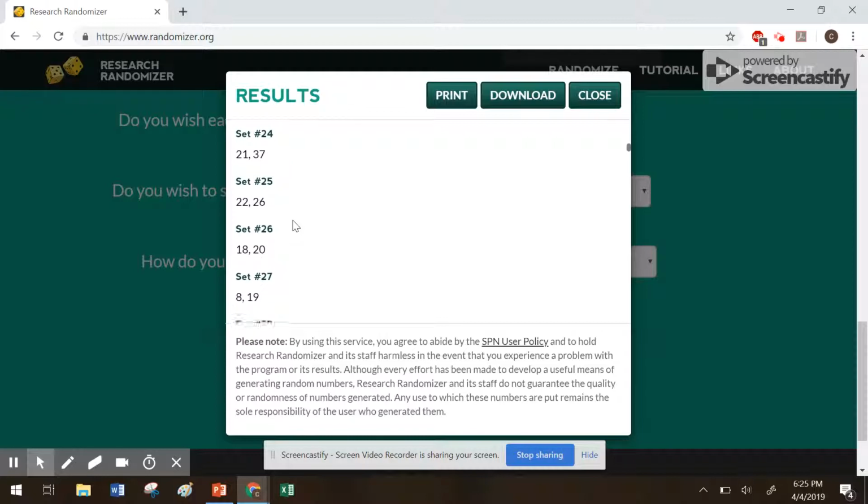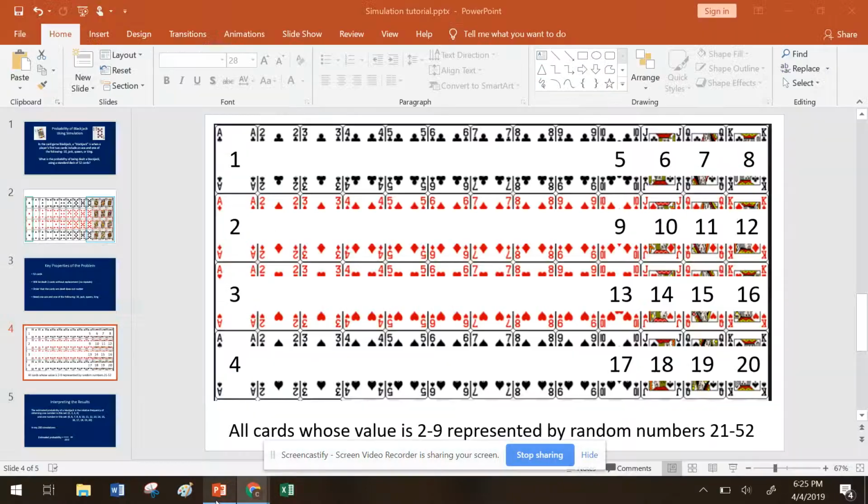As you might imagine, the casino wouldn't make very much money if blackjacks were happening all the time. But rest assured, we will find some of them. Okay, so here's one. 1 and 7. So I got the ace of clubs is the 1, and the queen of clubs, which is the 7. So that is a blackjack.